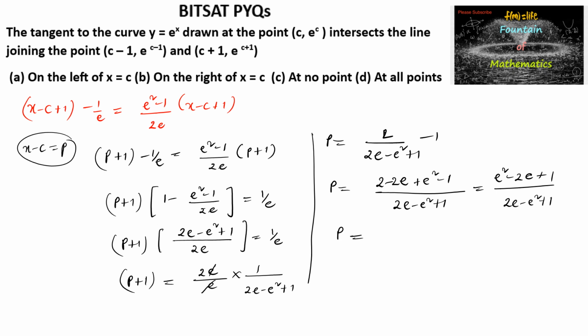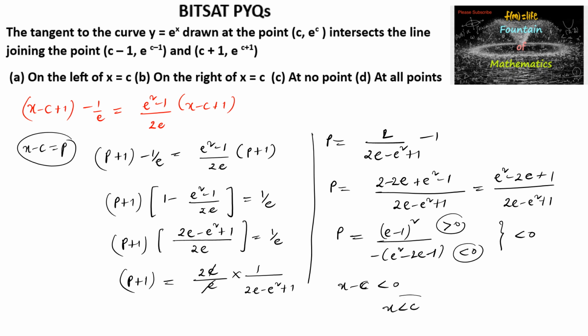So p is equal to e minus 1 whole square upon, and here we can take negative common, e square minus 2e minus 1. E minus 1 whole square is always positive, and here the denominator is negative. E square minus 2e minus 1 is negative. So we can consider p is nothing but x minus c. X minus c is negative, that is x is less than c.